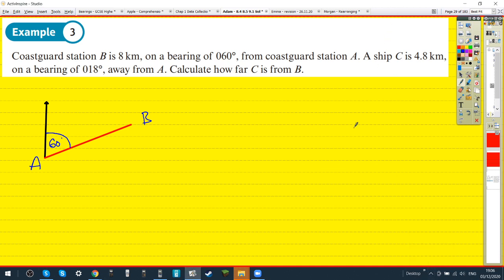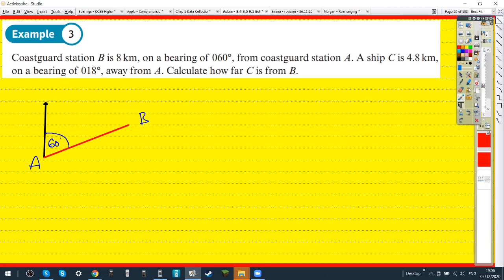So would you just do 60 minus 18? Well, I think you would just draw to begin with.